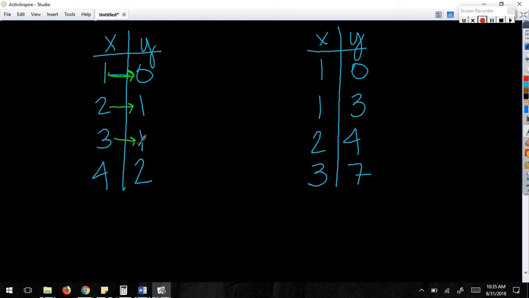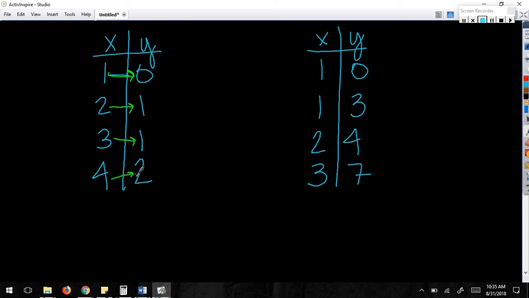If it has an input of 3, it also has an output of 1. And if it has an input of 4, it has an output of 2. So is this a function? Does every input have one and only one output? Even though you see the output repeated, does every input have one and only one output?